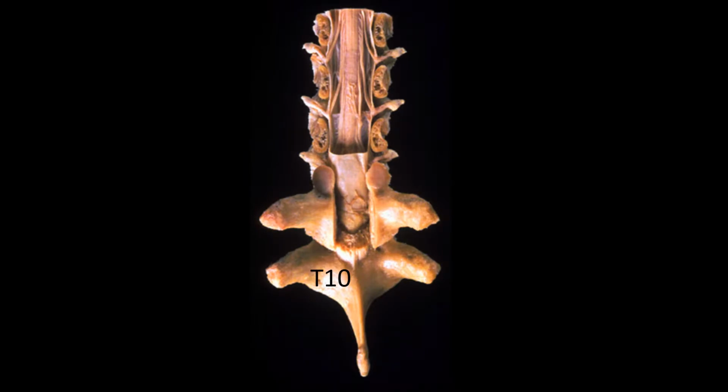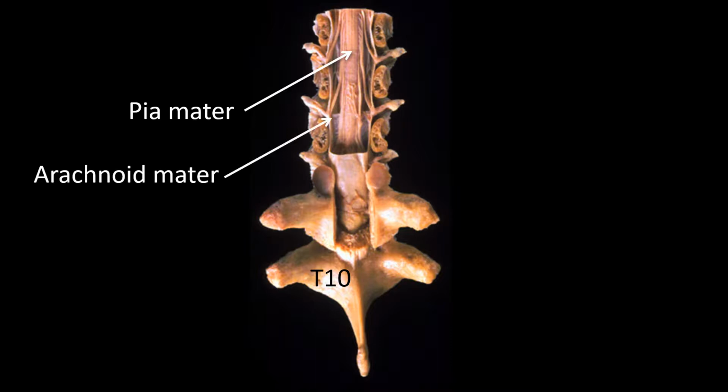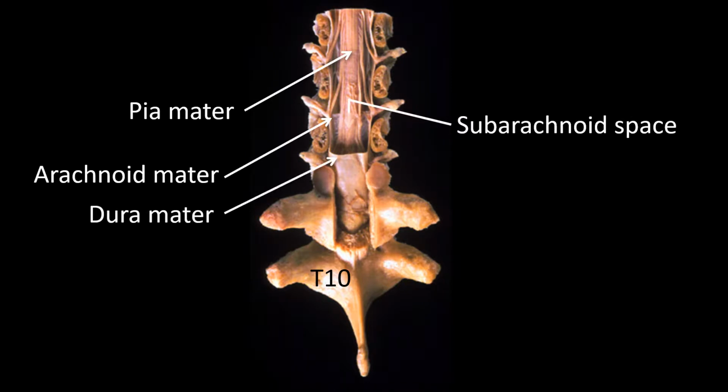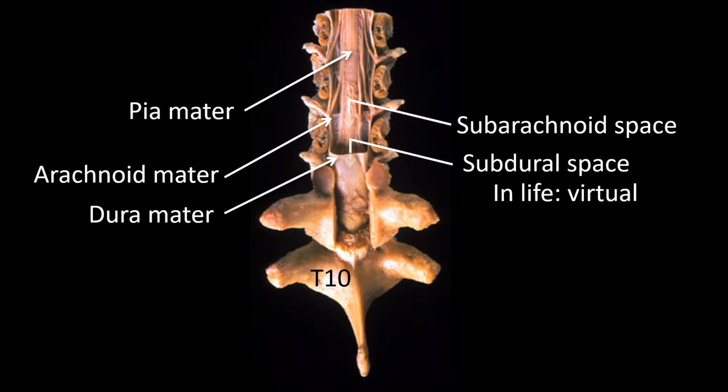This is another specimen of a spinal cord, the lower vertebra being T10. You can see the pia, with a little bit of imagination, the arachnoid, the subarachnoid space, the dura, the subdural space, that in life, as we mentioned, is a virtual space.